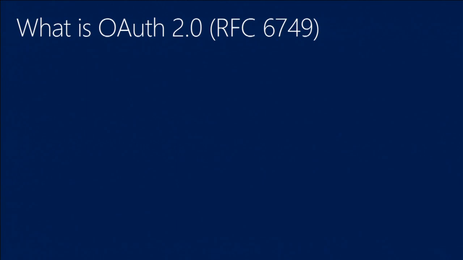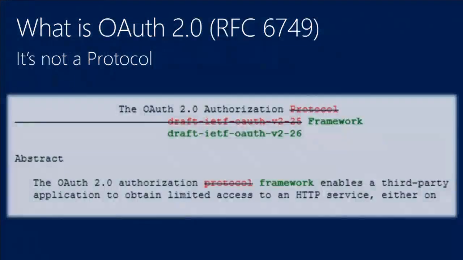OAuth 2 is a recent RFC. It's been in the working group, I think, probably 3 years, 33 drafts. And one of the points about OAuth 2 is it's not a protocol, which is a common misperception. I think it might sound a little bit like I'm on a soapbox saying, oh no, it's not really a protocol. But if you look back at the draft history, around draft 56, they went back and changed it.